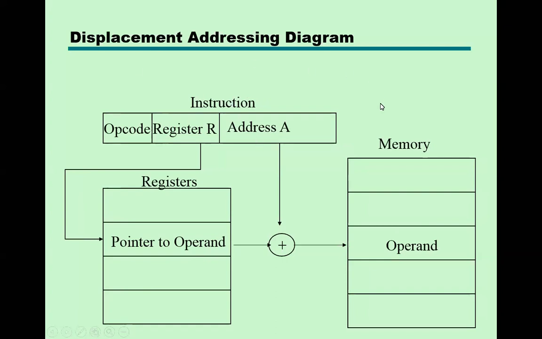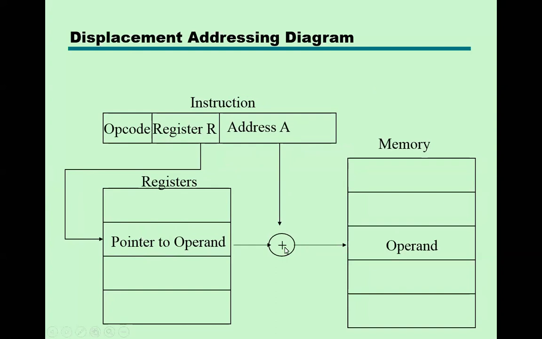Here it is displacement addressing. Displacement addressing means here is the address and here is a register. So from the address A you are getting a value, and from here you have register R, that is a registered address, and this registered address points to the operand.